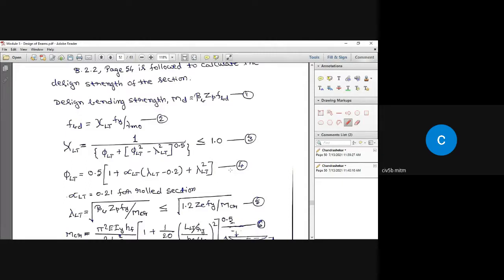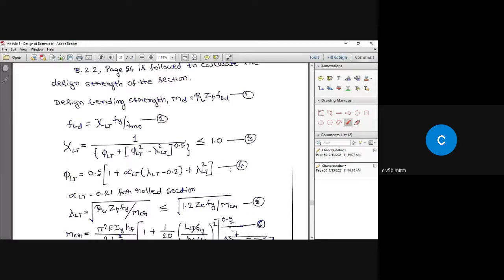Okay, to find out phi LT, again go down. There is a formula to find out phi LT. That is 0.5 within brackets 1 plus alpha LT, open a bracket, alpha LT minus 0.2, close the bracket, plus lambda LT square.